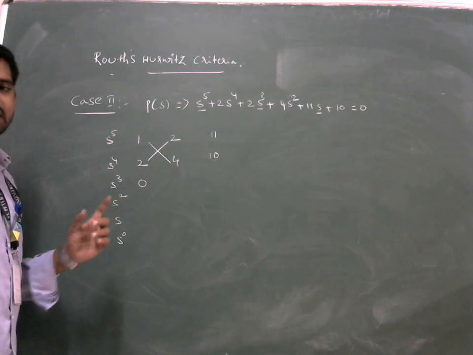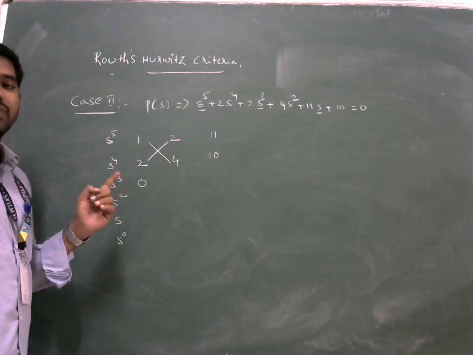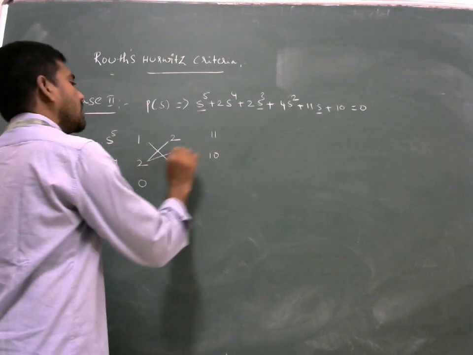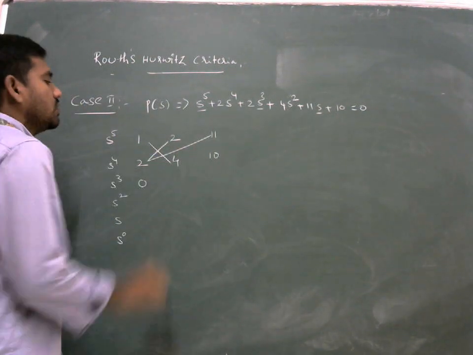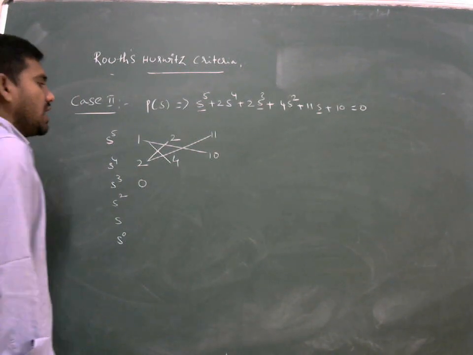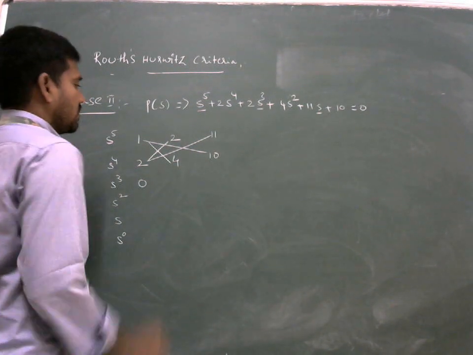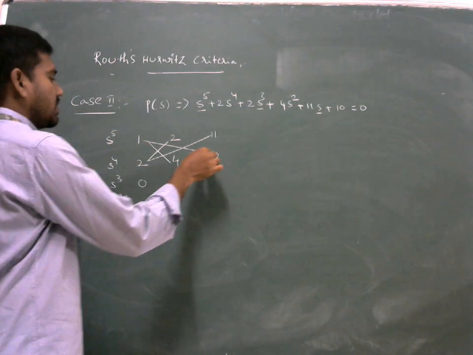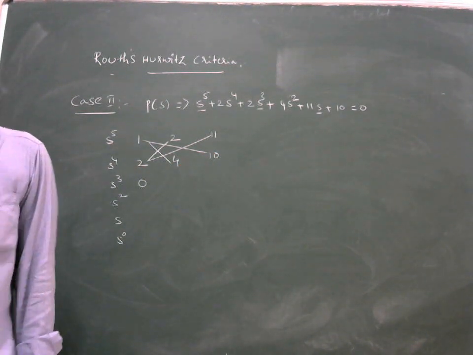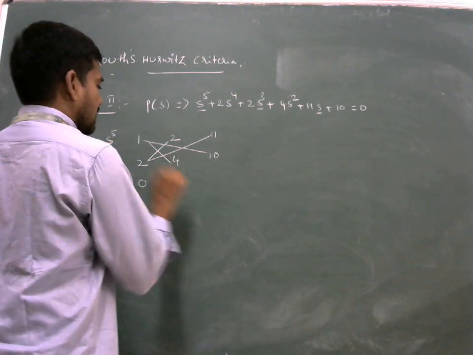The second case is that if the first element of a concerned row is 0. Again you do 2 into 11, 22, minus 10, that is 12, divided by 2, 12 by 2 means 6. We are going to get 6, right?